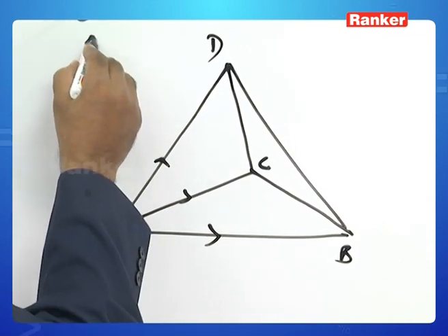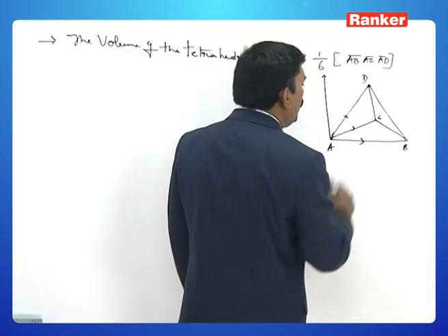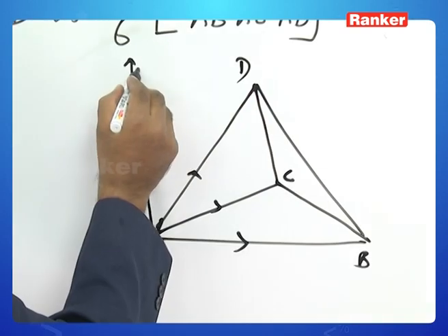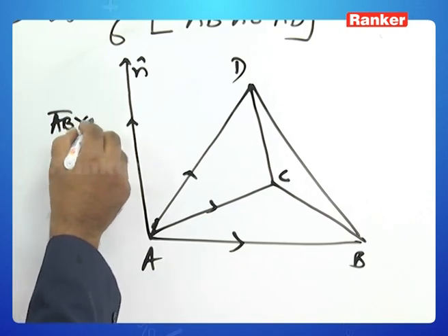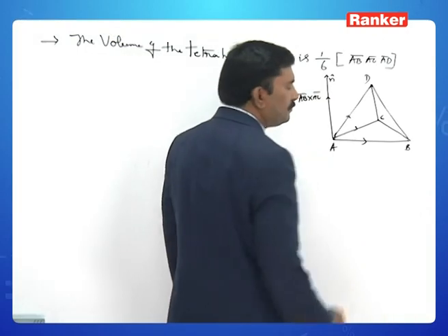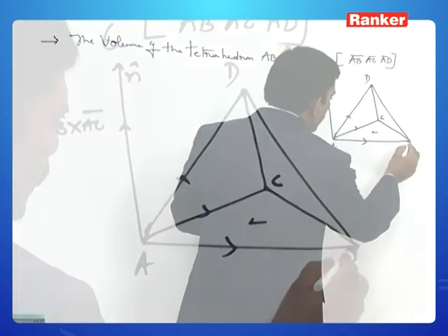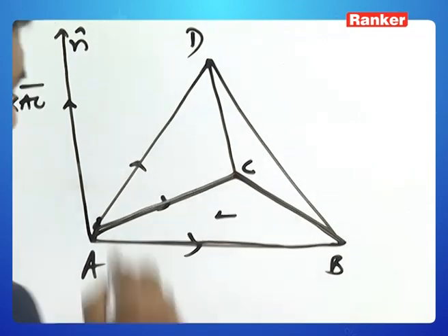Define a cross product between AB bar and AD bar or AC bar. Now I can write, this is nothing but n cap. I can write AB bar cross AC bar. Why? This is a triangle. This is one plane, one face.